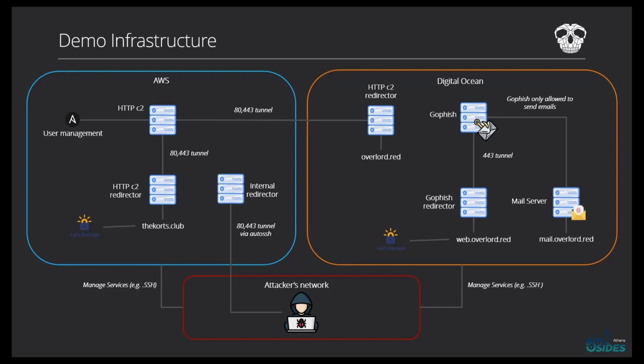Then we have one internal redirector on AWS which points to an internal C2 in the attacker's internal network. We have a GoFish server with its redirector and again with a certificate on this domain and on the GoFish web server. We have one mail server and only the client of GoFish is allowed to send mails via the mail server.